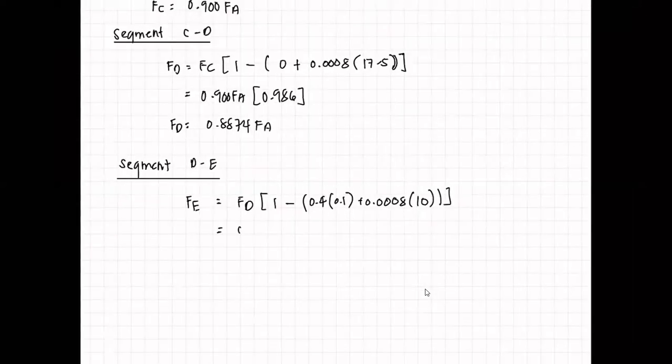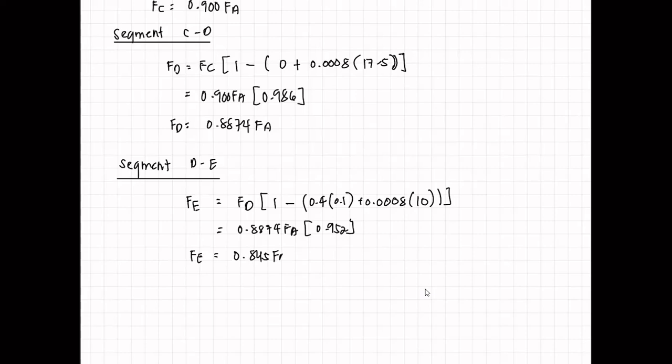So, equals to 0.8874 FA multiplied by 0.4 times 0.1 plus 0.08 times 10, then 1 minus that answer. So, 0.952. So, FE natin, sa pinaka-end ng segment na kinoconsider natin, is how much na lang ang FE natin?